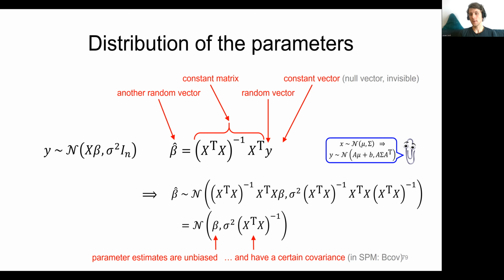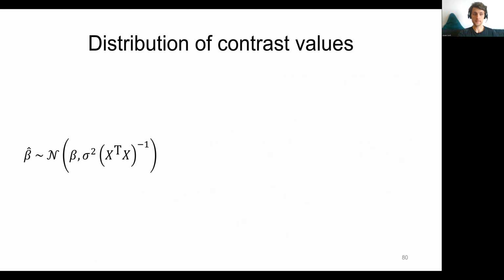And they have a certain covariance, which has an interesting structure because it's just a product of sigma squared, the noise variance, times the design covariance, so X transpose X and the inverse of that. In SPM, this is called BCOV, by the way. It will become important for statistical inference later on. Because, again, we are moving this to the left, and now we know the distribution of the estimated regression coefficients.